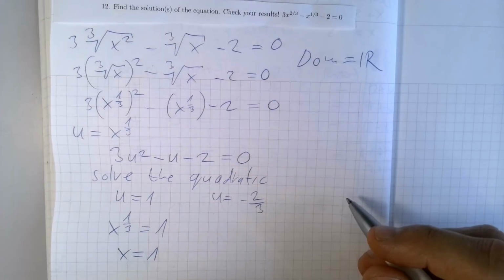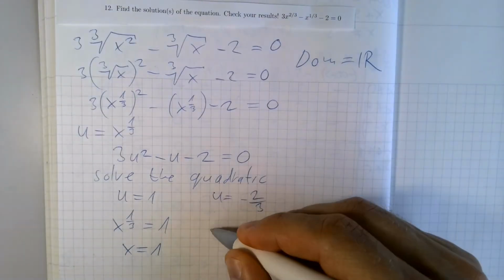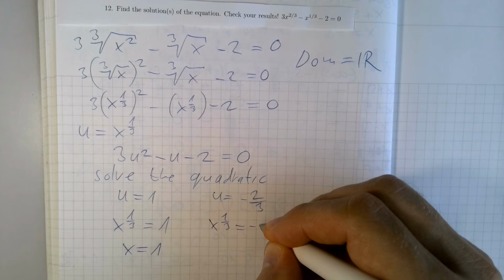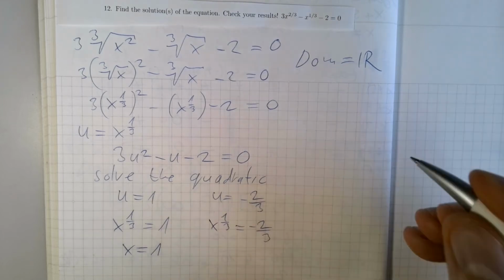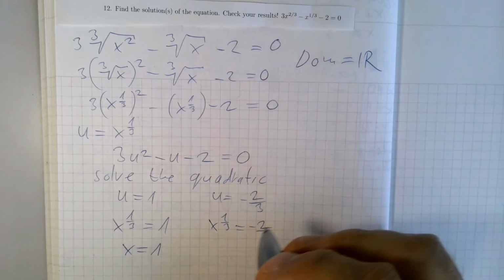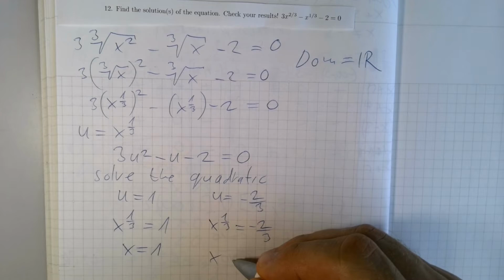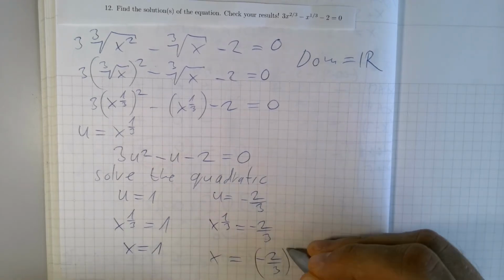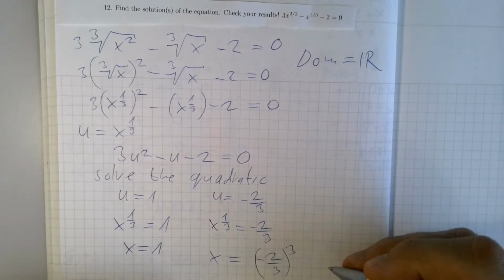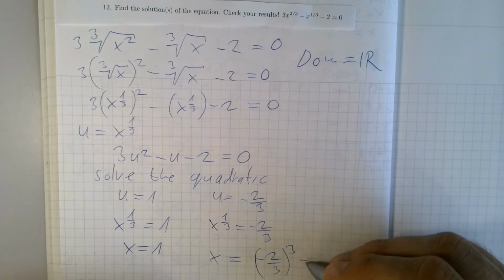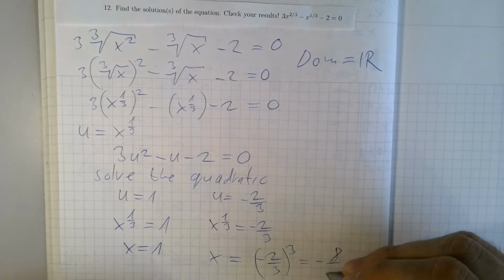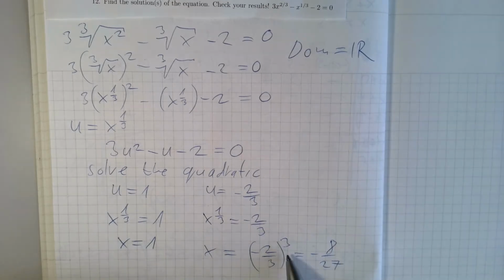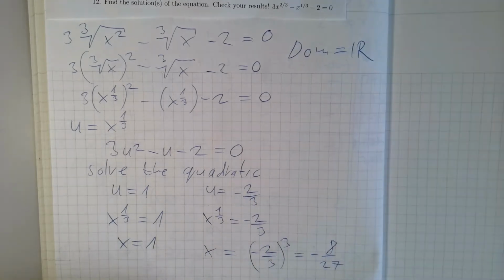And also I have here, x to the power 1/3 equals negative 2/3. Again, just cubing each side, I will have x equals negative 2/3 cubed, which happens to be negative 8 divided by 27. Okay, well, maybe it's easier to keep that one.